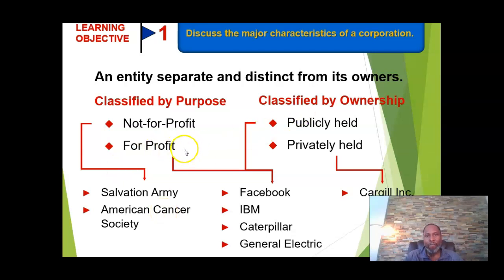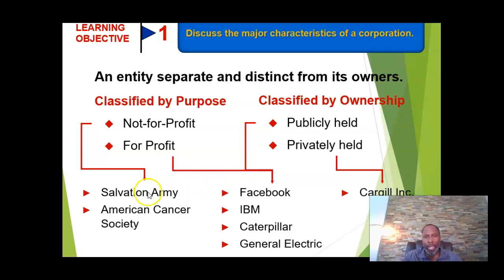If you are a for-profit corporation, your intent is to earn a profit either from providing services or selling products to your customers, or it could be a combination of the two. So companies such as Facebook and IBM are examples of for-profit corporations.